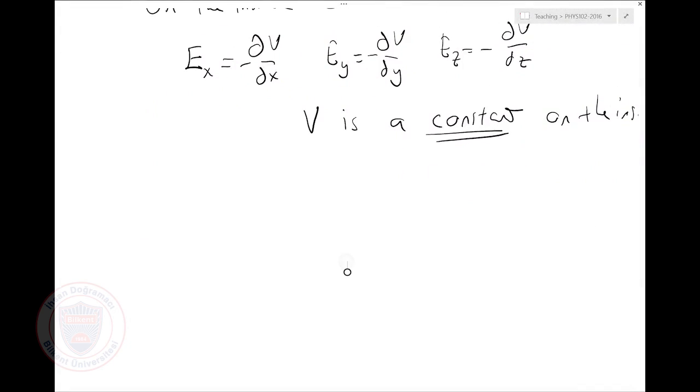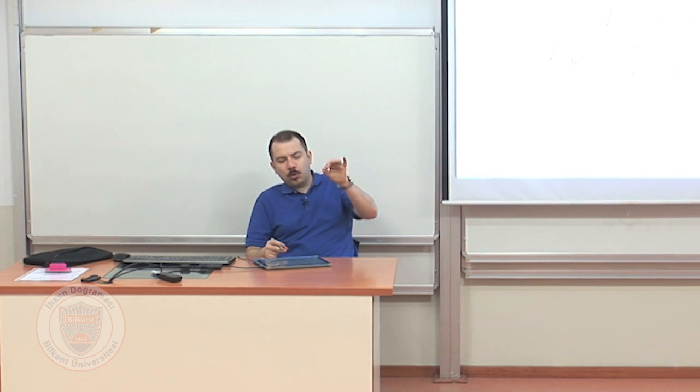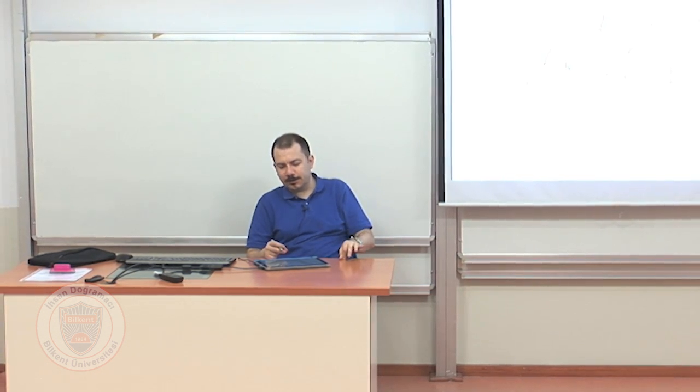So V inside is q over 4 pi epsilon 0 R. And in all of a conductor, remember, charges are not flowing inside the conductor. What does that mean? It means all the points of a conductor are at the same potential.